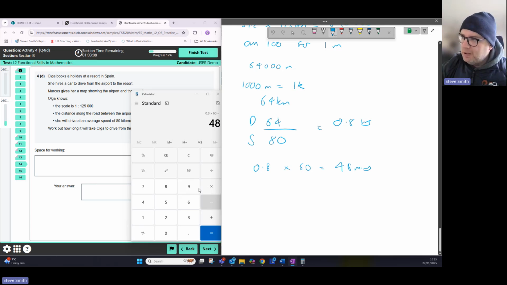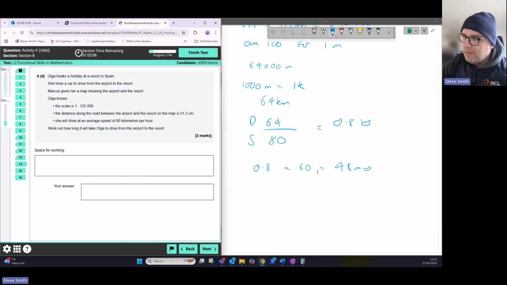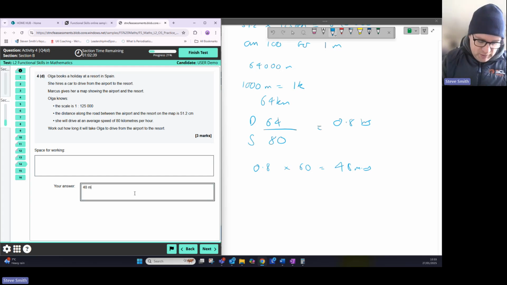And I would be looking, as an examiner, for that number. If you put 0.8, we'll have a look in a few minutes if they accept 0.8, but I will still be looking to change that to minutes, because 0.8 of an hour to most people doesn't really mean a great deal. 48 minutes is more than three-quarters of an hour, not quite an hour. But with 0.8 of an hour, I'm thinking, I don't really know how much that is. So, how long does it take her? I'm putting 48 minutes in there.